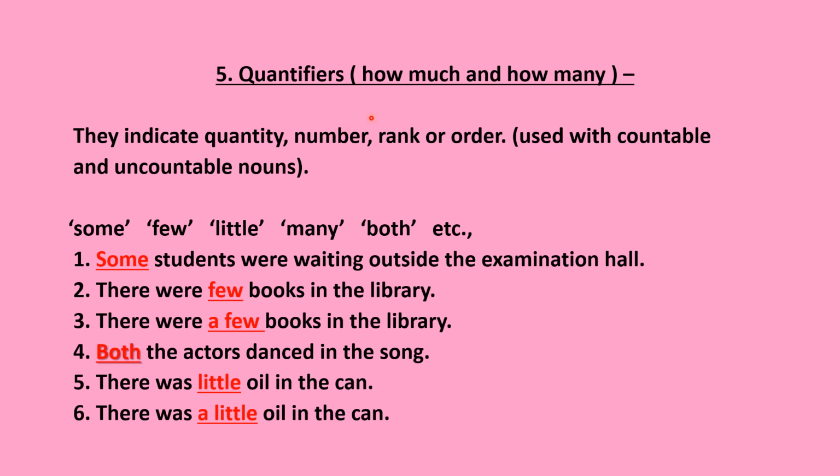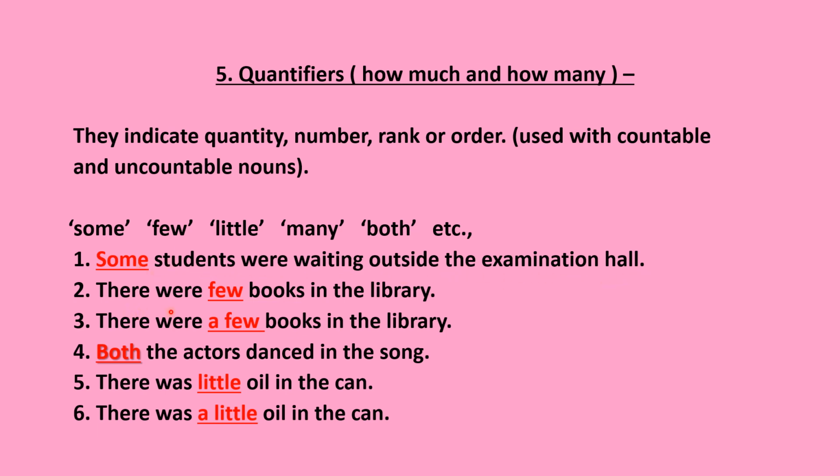Next, quantifiers. They tell us how much and how many. The quantity of the nouns will be indicated by this. So they indicate quantity, number, rank, or order. They are used with countable and uncountable nouns. Some, few, little, many, both, etc. Example, some students were waiting outside the examination hall.